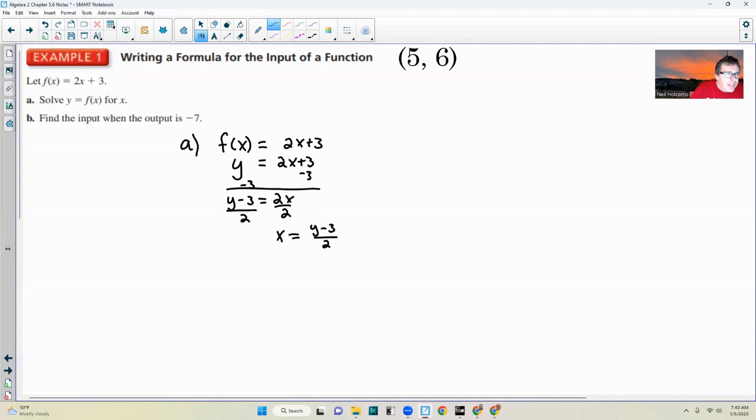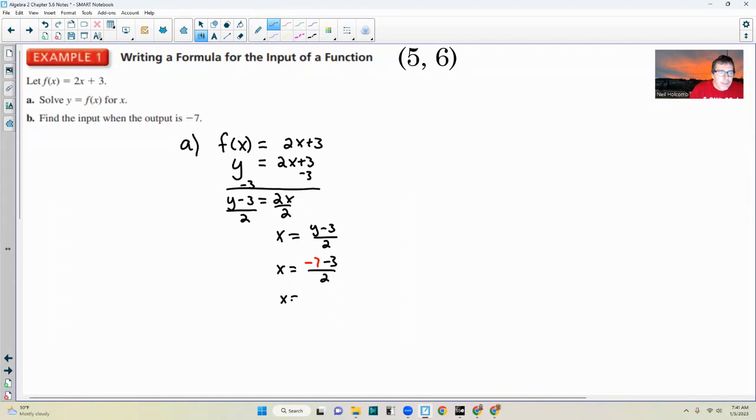Now it says find the input when the output is -7. So your output is y, and they want to know what the input was when y was -7. So you put -7 in for y. -7 minus 3 over 2.